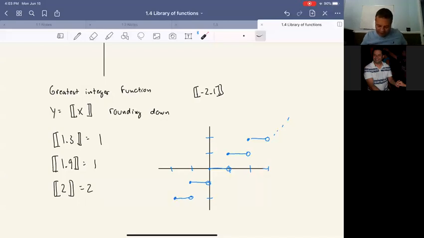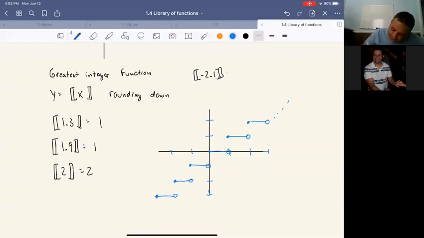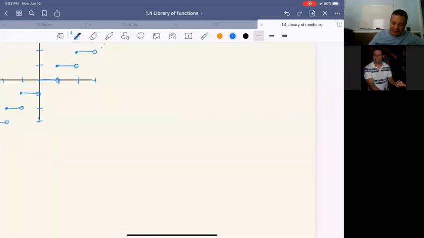Hold on, let me just make sure of that. Negative 2. Nope, I screwed it up. Not badly, but I've almost made the mistake I don't want you to make. Negative 2.1 is here. So what's the greatest integer of negative 2.1? Actually negative 3.